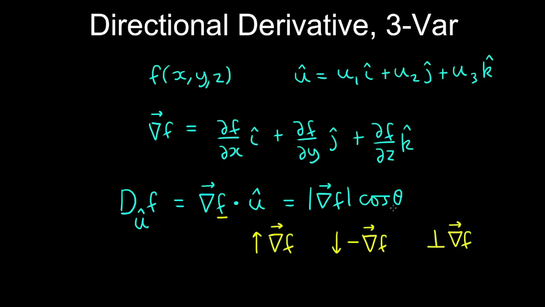And these are obtained by setting the value of theta, being the angle between the two vectors, to be 0 in the first case, pi in the second case, and pi on 2 in this third case, which is exactly the same as the case where we had a function of two variables.